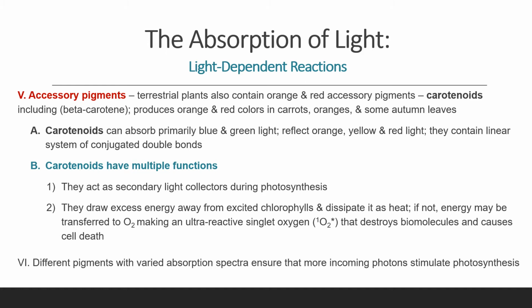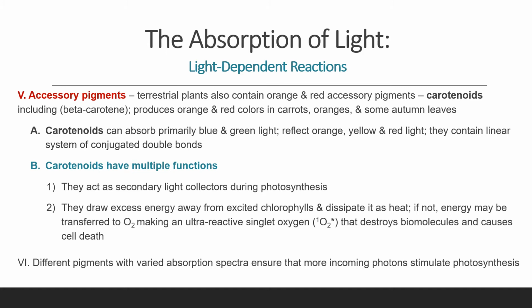So carotenoids actually have multiple functions. The first is they act as secondary light collectors during photosynthesis. And the second one is that they draw excess energy away from excited chlorophylls and dissipate it as heat.